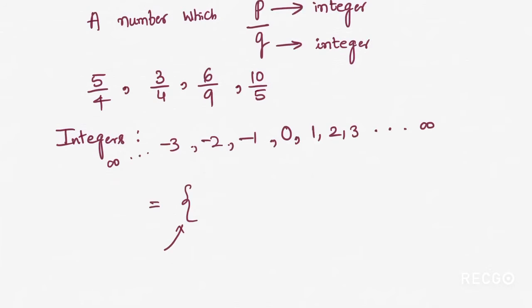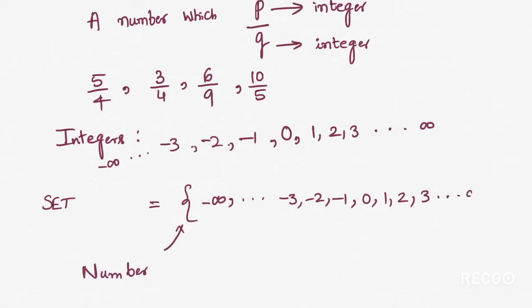What do you mean by a set? You can represent a number system by using brackets. Here we are representing the integer number system by the set {-infinity, ..., -3, -2, -1, 0, 1, 2, 3, ..., infinity}. This is the definition of integers.